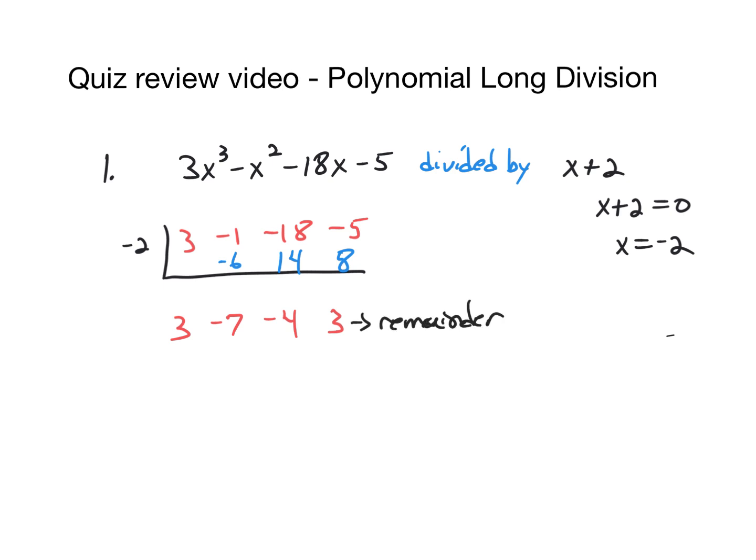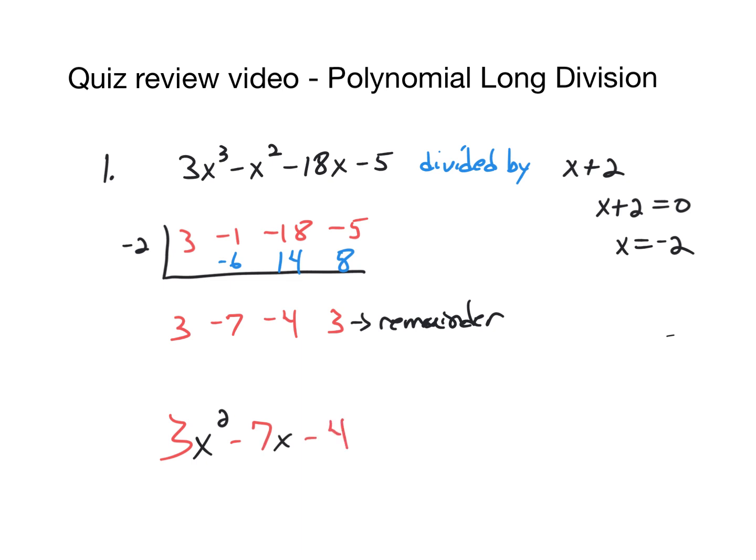So for our final answer, this 3 is going to get 3x squared. We start with the squared. That's because x to the 1 power divided into a 3x cubed, x goes into x cubed x squared times. Then we just work our way down, and that's going to be minus 7x to the 1 power. And then the minus 4 is the constant.